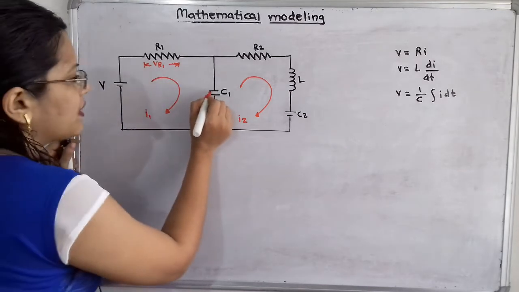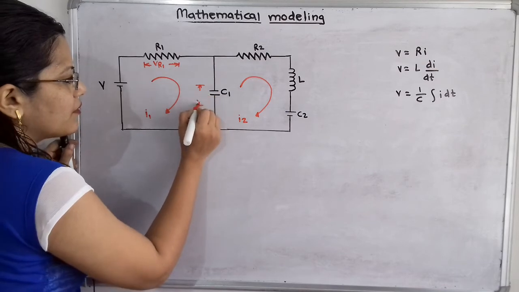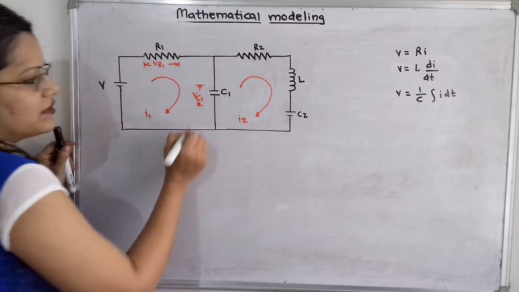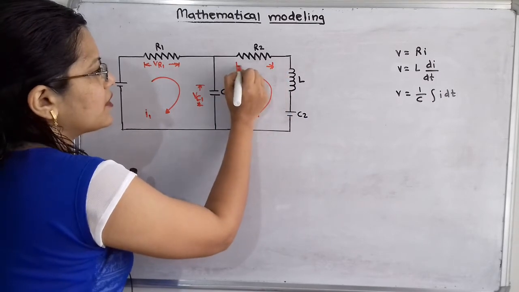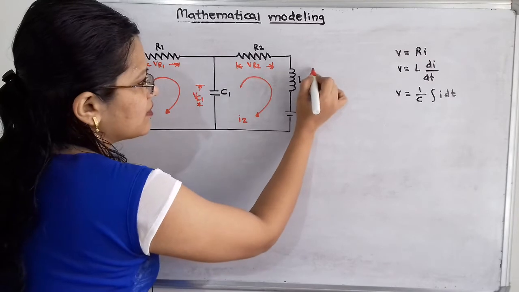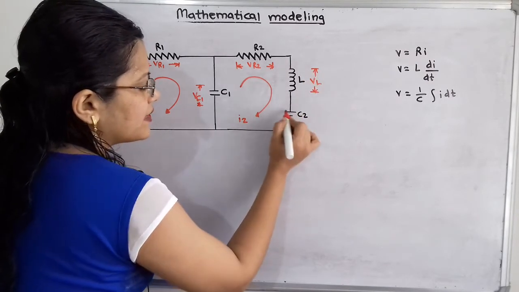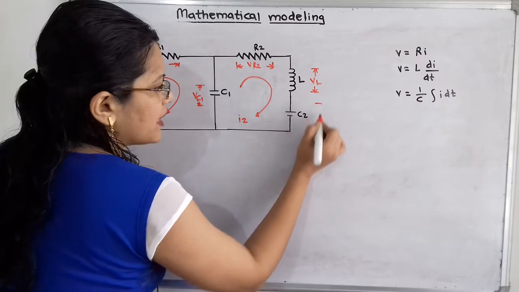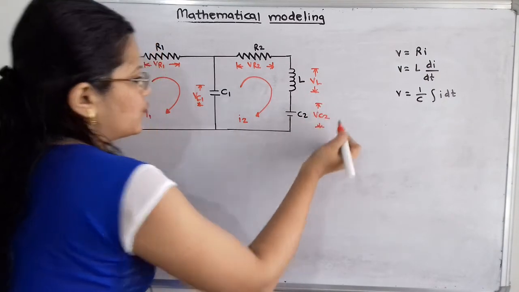The voltage across C1 is nothing but VC1. The voltage across R2 is nothing but VR2. Across this inductor L we can say VL. And the voltage across this capacitor C2 is nothing but VC2.